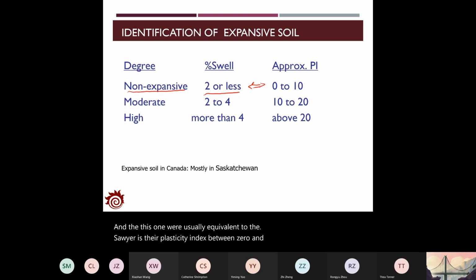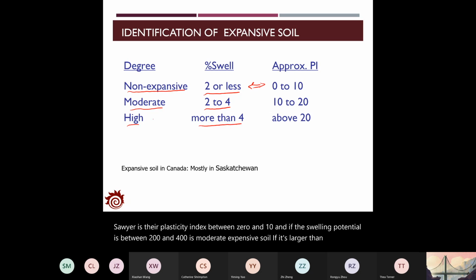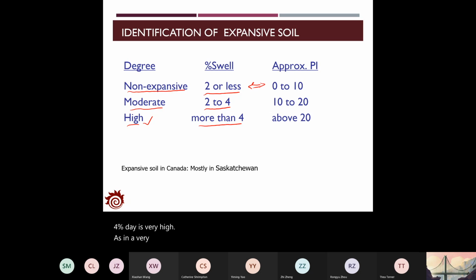If the swelling potential is between 2 and 4%, it is a moderately expansive soil. If it is larger than 4%, then it is a very highly expansive soil, and you will need to think about removing this type of soil from the ground. Usually in Canada, expansive soil is found in Saskatchewan, and the figures on the previous page were all captured from Saskatchewan.